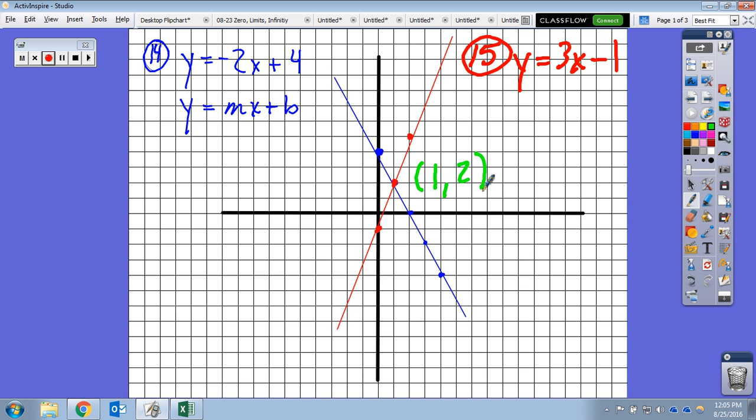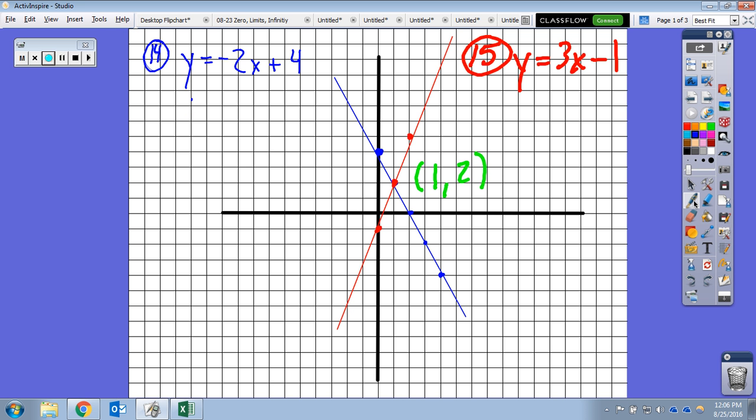Is 2 equal to negative 2 times 1 plus 4? Let me know if you want to see me actually plug it in. If I substitute, I'm going to erase this here because you know it, that's just the general form of the slope-intercept.